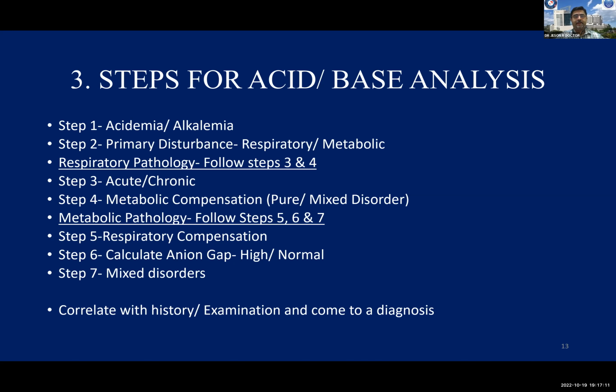If the patient has a metabolic pathology, follow steps 5, 6, and 7 if there is a mixed disorder. Step 5 is how much is the respiratory compensation. Step 6 is to calculate the anion gap, whether it is a high anion gap or normal anion gap. All these steps have to be performed after correlating with the history and examination and coming to a correct diagnosis.